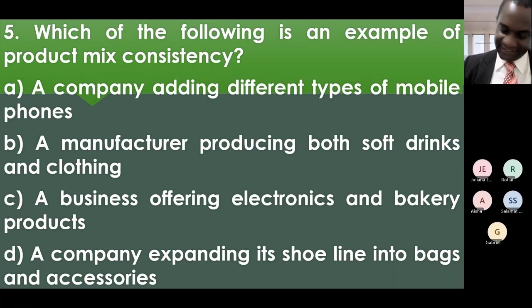Are you there? I hope our network is not down. Is R there? B. R is changing her mind to B. Okay. Are you sure B is the final answer?